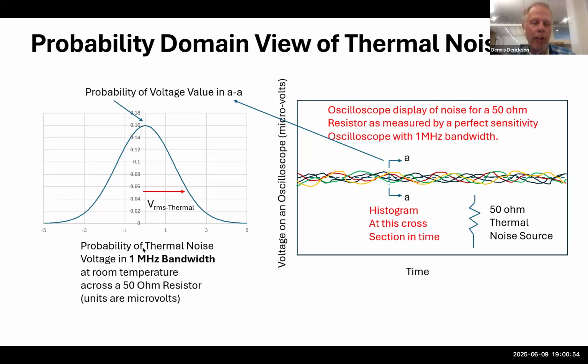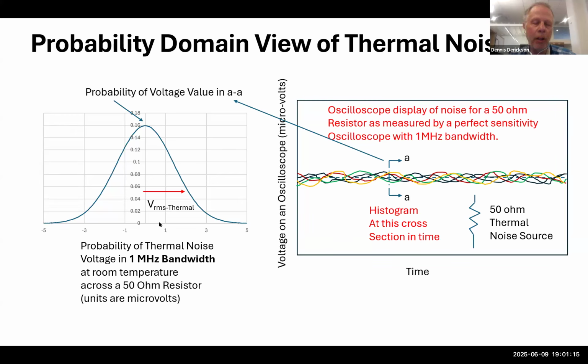So if I had an example, a resistor that was 50 ohms and it had 1 megahertz of bandwidth, and I plugged that into the formula and assume a Gaussian distribution of noise, I get a plot that looks like this. So the most probable voltage on this cross section right here will be 0 volts.